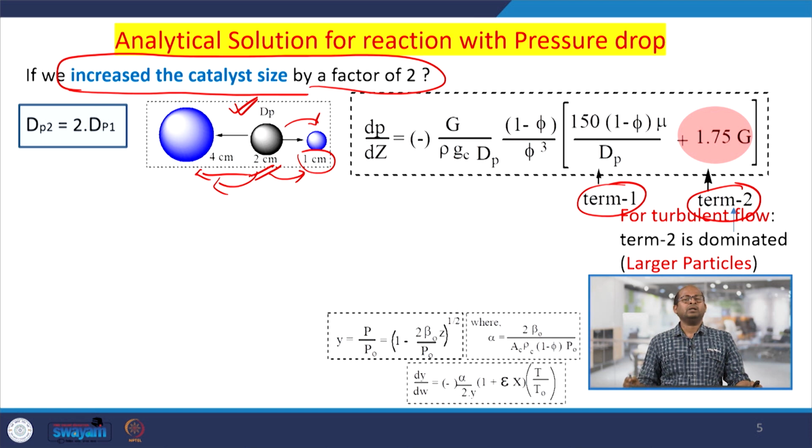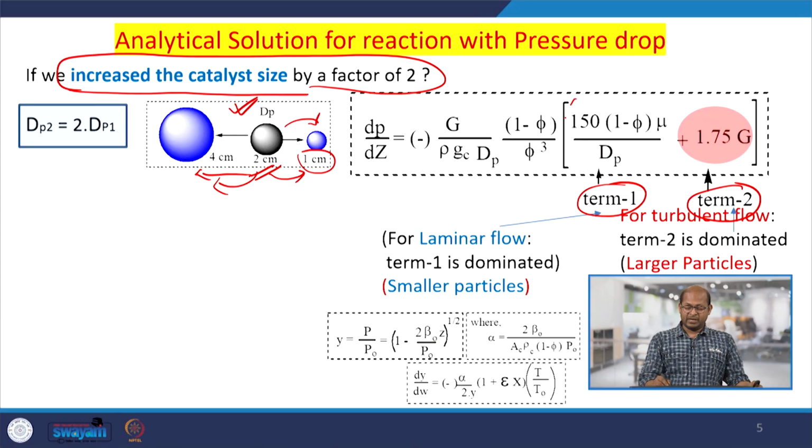The reactant may pass through that bed as laminar flow or turbulent flow, two possibilities. If it is laminar flow, then the first term is dominant, for smaller particles, and if it is turbulent flow, then the second part is dominant.